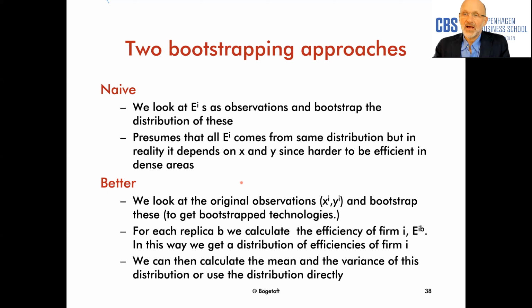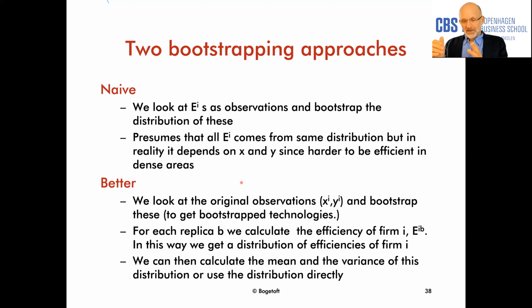A better idea is to look at the original observations and then to bootstrap them. So basically, you have your original input-output combinations, and now you take a bootstrap sample out of this with replacement. So you get another set of n observations. Some of them might be the same.